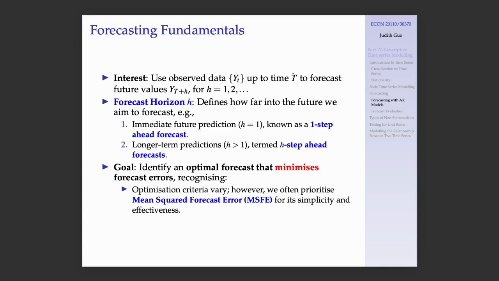For this course, a very common approach is to prioritize what is called the mean squared forecast error, the MSFE. We attempt to minimize the squared forecast error in the expectation sense. That's very similar to the minimization problem that we used to establish the regression model.